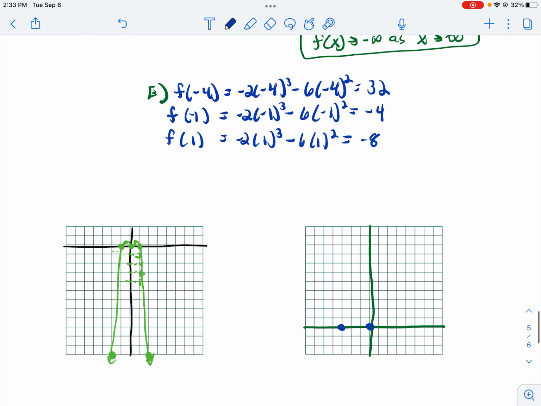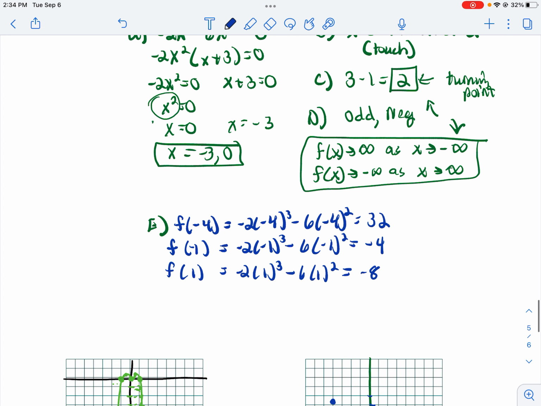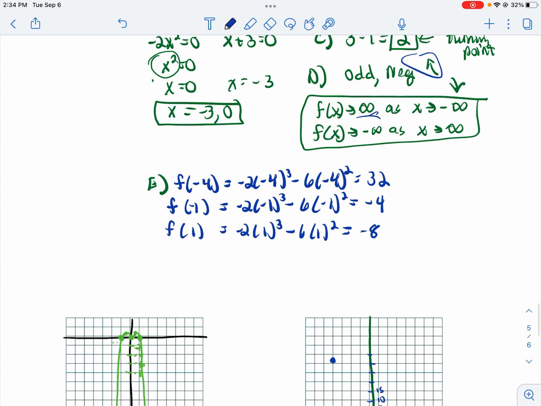All right, so I'm going to count by fives: 20, 25, 30, 35. At negative 4, I'm all the way up here to 32, so just about here. That makes sense because my end behavior on this end needed to be high up, going toward infinity.